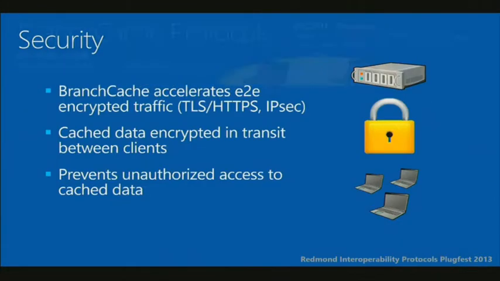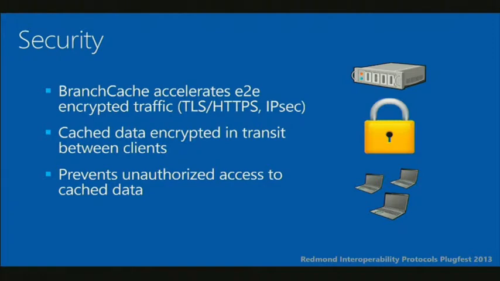So one obvious question here is what the security model would be, because you probably don't want to be able to go ask your neighbor's computer for any of the files that they've accessed. You can imagine if I wanted to go ask my manager's laptop for all the reviews on our team. That might not go over so well if that worked under BranchCache.